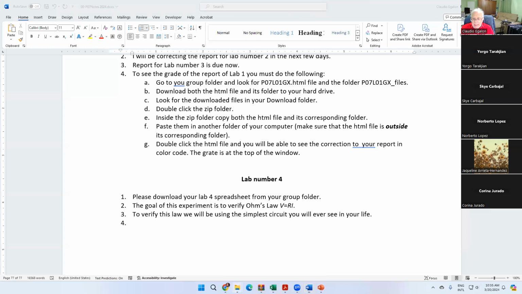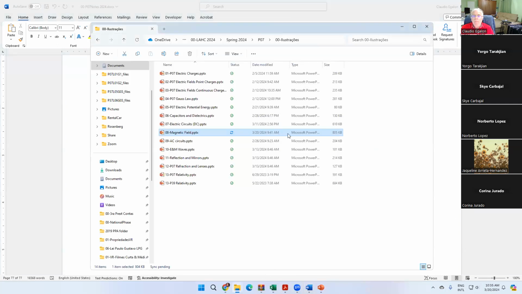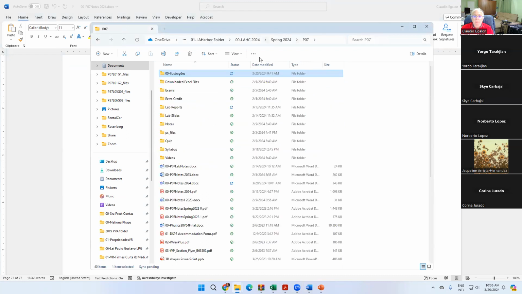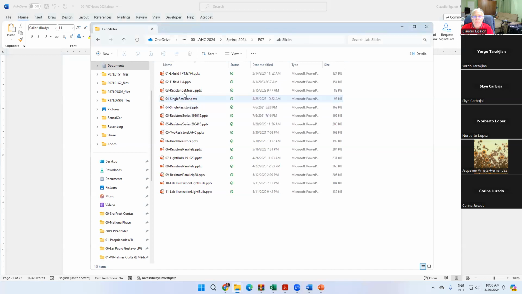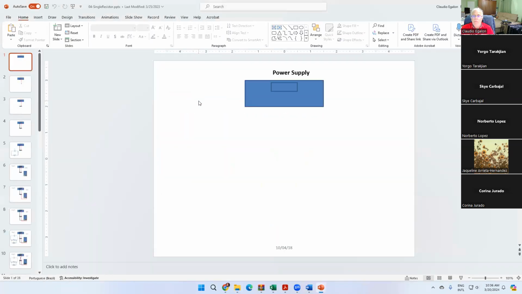And let me get the lab slides here. Yeah, this one here. Okay. So we start with a power supply. Here I drew my power supply like that. Okay.